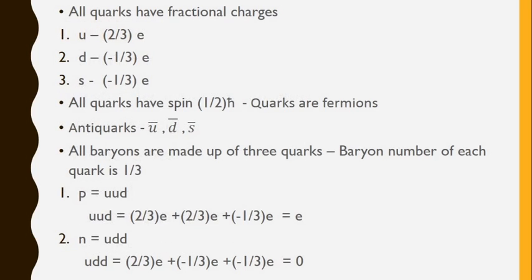We had studied the concept of quantization of electric charge, isn't it? Quantization means Q equals plus or minus n e. That means charges can be an integral multiple of the basic unit of charge e.